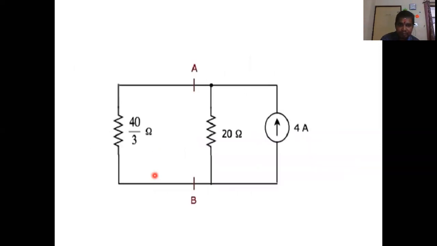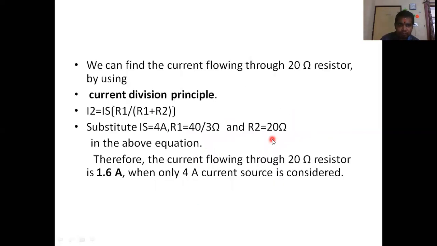Current division rule: simply keep in mind, when you want the current in one branch, the equation will be opposite resistance divided by sum of both parallel connected resistances, multiplied by the total current. That is what is shown here also. So you determine 1.6 ampere.